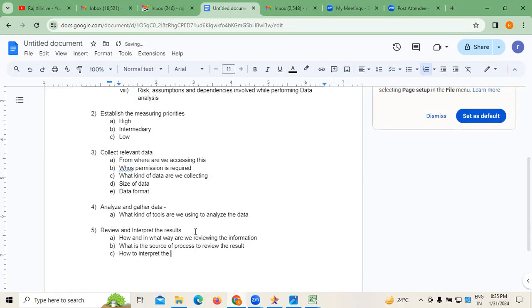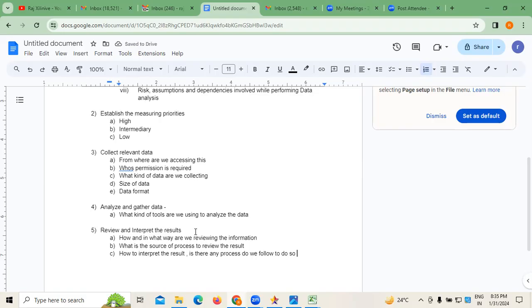How to interpret the results? Is there any process we follow to do so? These are all things which we have to do.